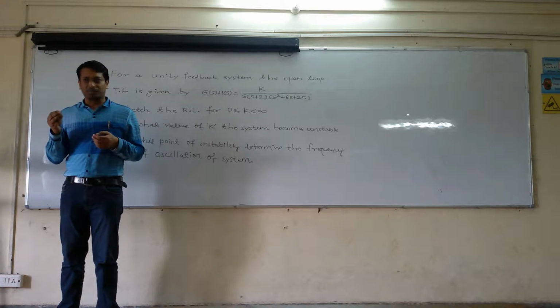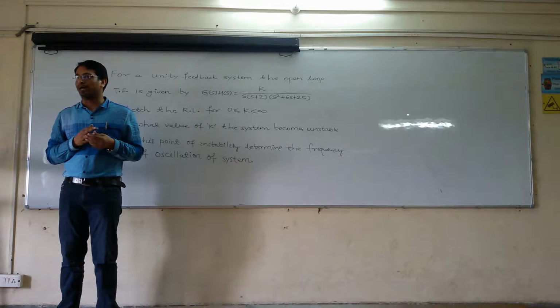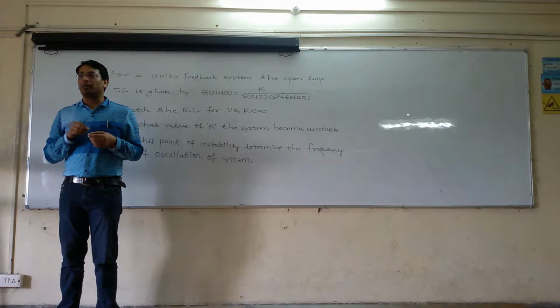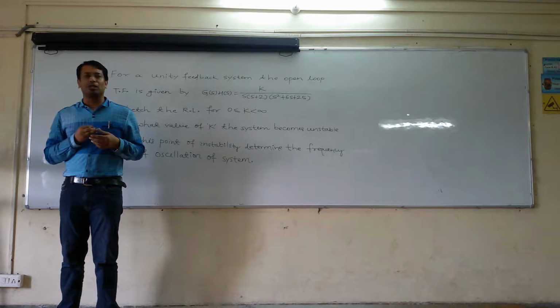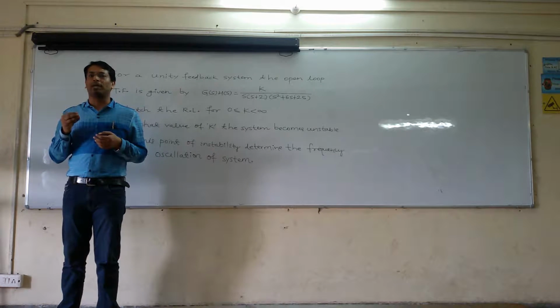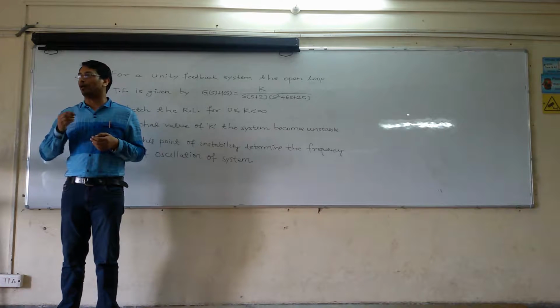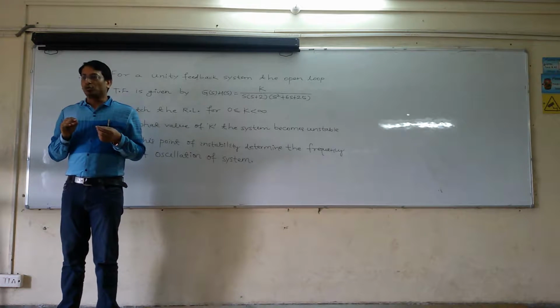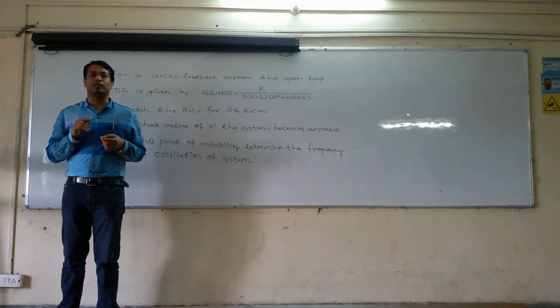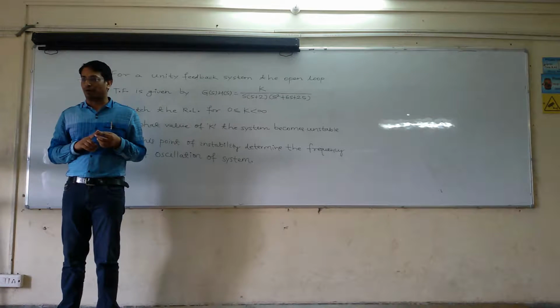After that, we analyzed the breakaway and breaking points. These are the points where multiple roots lie on the root locus. We also saw the three possibilities in which a breaking or breakaway point may occur on the real axis. First, if there are two poles on the real axis and the portion of the real axis between those two poles is part of the root locus, then there is a possibility of a breakaway point.